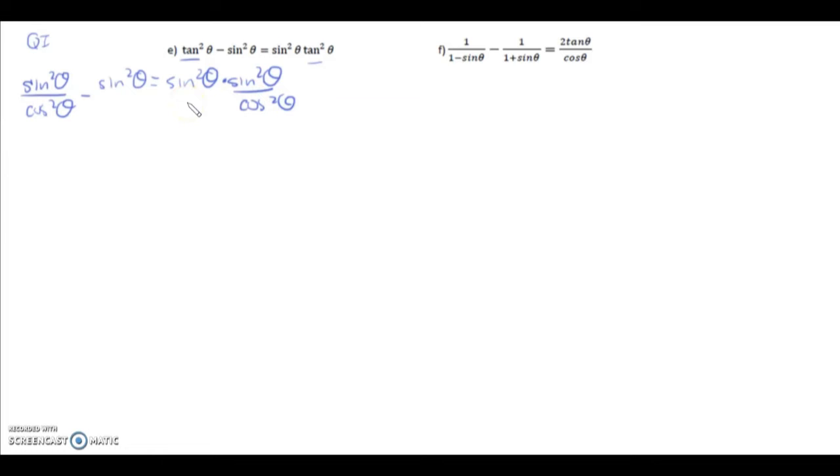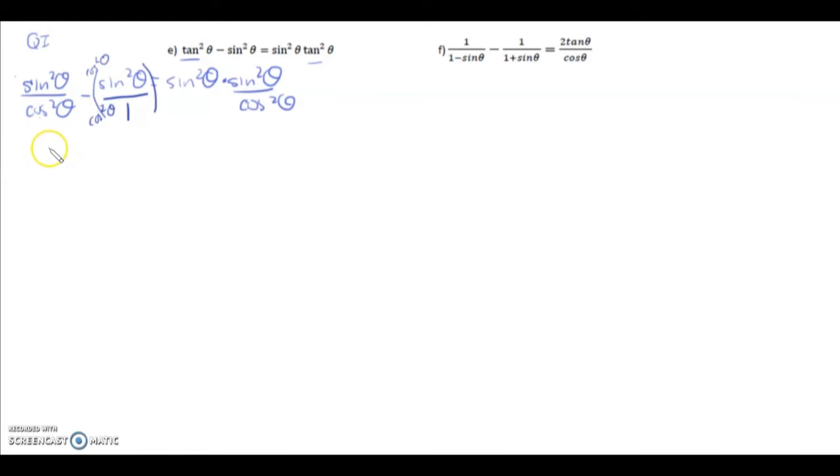Okay, so now what I'm going to do is find a common denominator for the first two terms. So since sine squared theta is over 1, I'm going to choose cos squared theta to be my common denominator. Okay, so I'm going to multiply this by cos squared theta over cos squared theta.